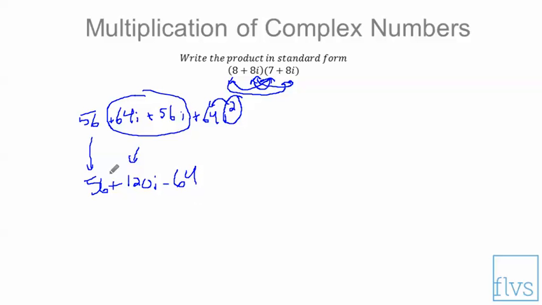And now, because it's done that, these two guys are like terms, 56 and negative 64. So if you do 56 minus 64, you end up with negative 8. So you can do 120i minus 8, or you might see it presented as negative 8 plus 120i. Both are the same exact thing. And that's how you multiply your complex numbers. Just keep in mind, if you have i squared, you got your negative 1 there. Remember your rules of complex numbers.